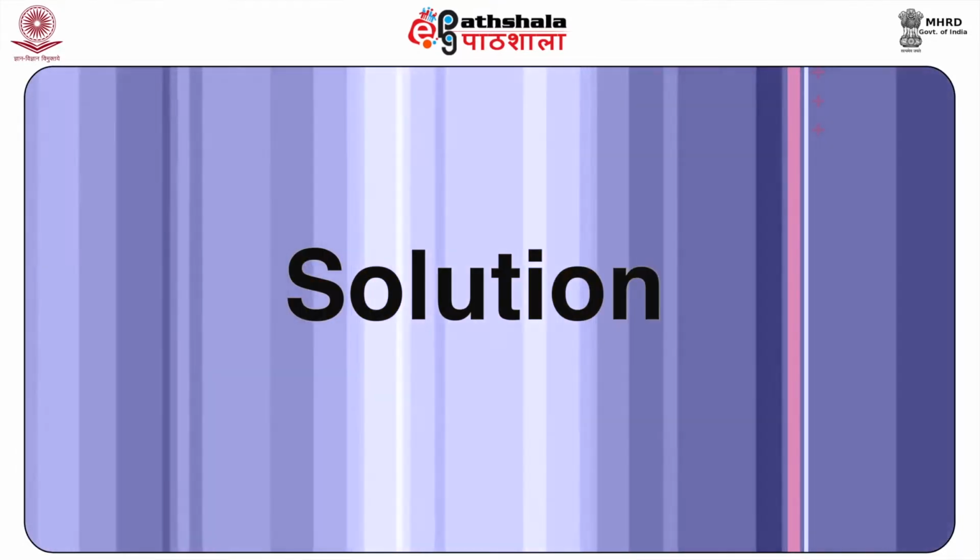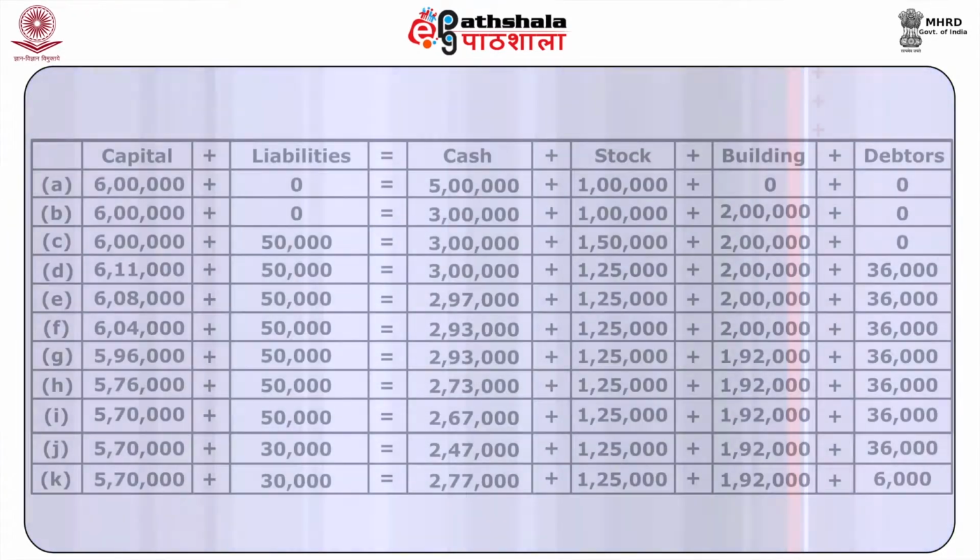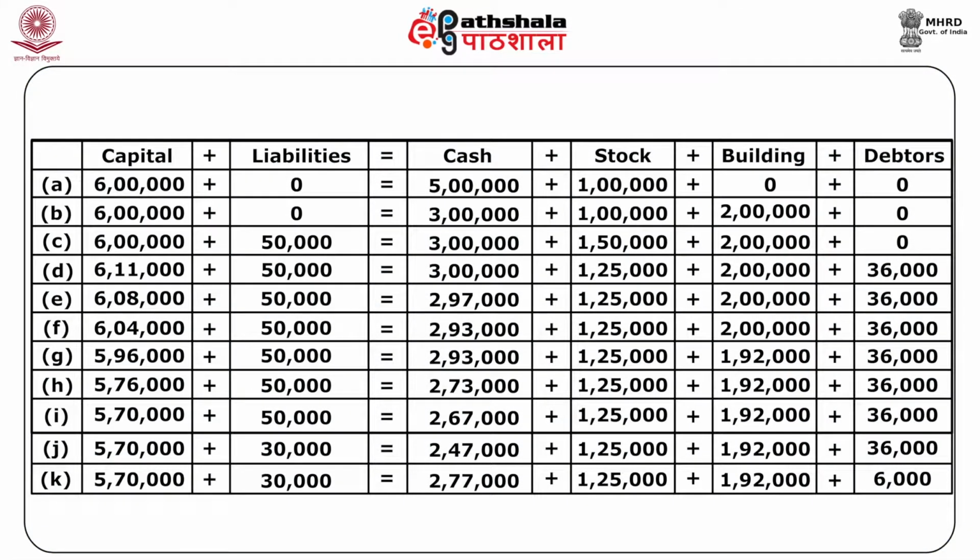Now let's come to its solution, where again capital plus liabilities is equal to cash plus stock plus building plus debtors. Let's come to A part, where 6 lakh of capital plus 0 liabilities will give you cash of 5 lakh plus stock of 1 lakh plus 0 depreciation plus 0 debtors.